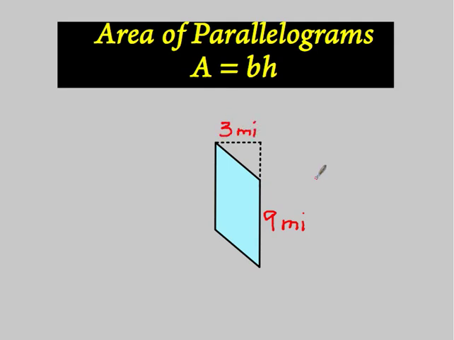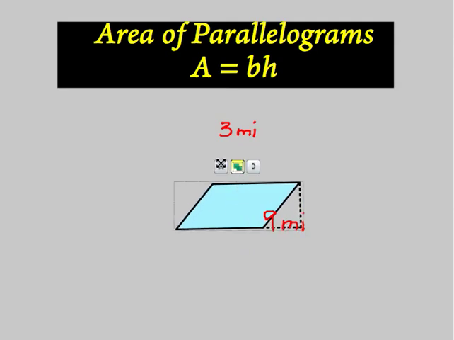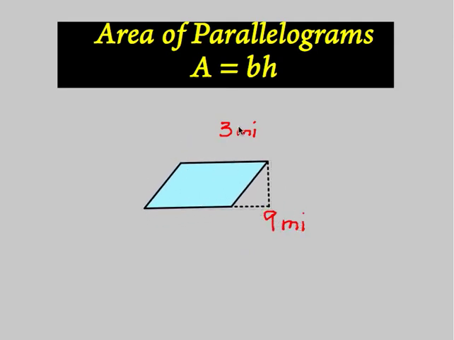Okay? Now you look at it and it might be a little confusing, but remember it's still the same. So if I move it here like this, this one, which was our height, would go here, and this, which is our base, would go here. It's still the same, even if you turn it around.